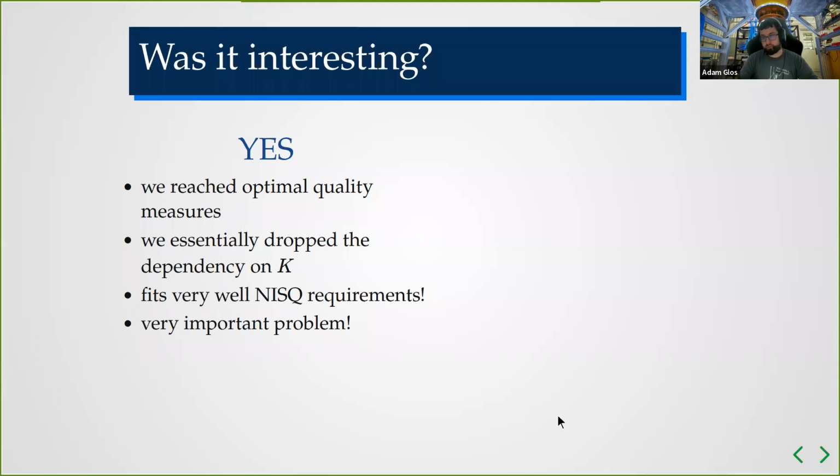Because of these two reasons, our representation, our ansatz, fits perfectly for the noisy intermediate scale quantum era. And also, which is probably the most important thing, max KCAT is an extremely important problem which has some real applications. So definitely and objectively we can say results for max KCAT were interesting.